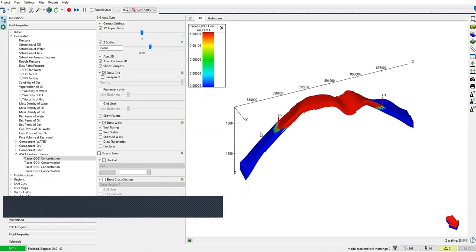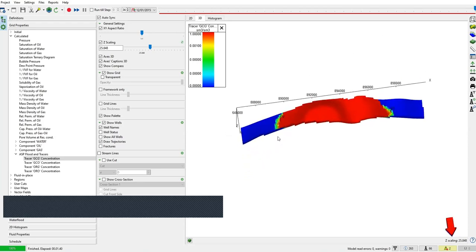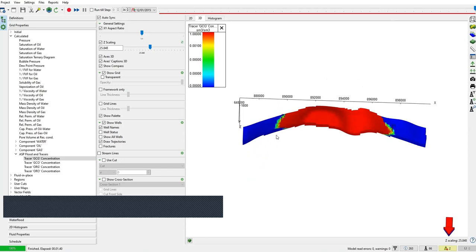In compositional, we will not talk about oil, water, or gas, but we will use the name of the component itself, either C1 or CO2 or maybe nitrogen. Okay, but for now, I think we can close. This is the learning for the use of tracer for our gas cap or oil rim.